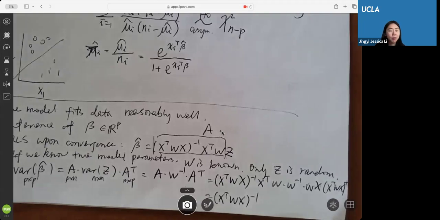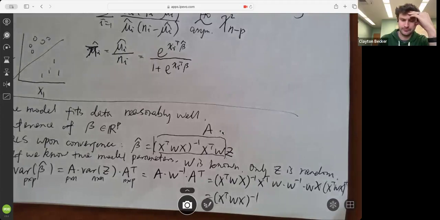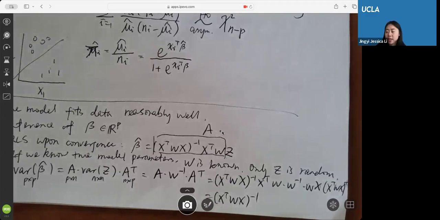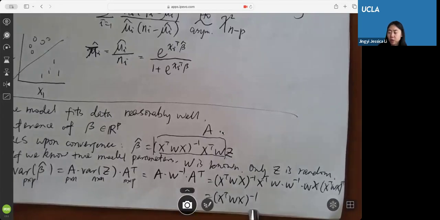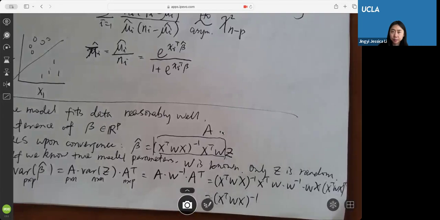As you know the model parameters, you know the variance, and the variance is not random. Okay, so this is under the assumption that the model parameters are known. So W is known, so not random. Therefore, the variance of beta hat is this quantity, X transpose WX inverse, not random.